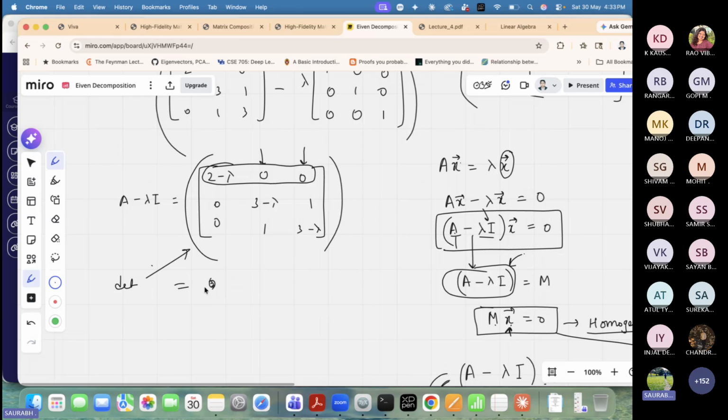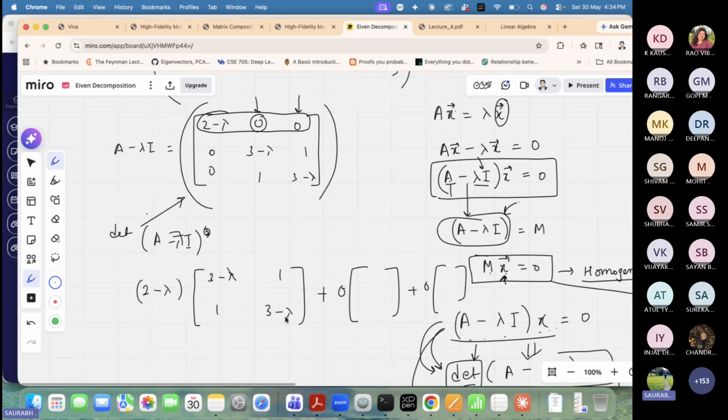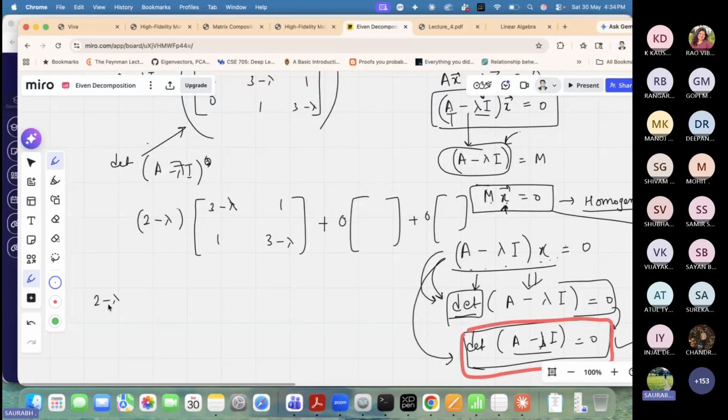So the determinant of A minus lambda I is the first element 2 minus lambda, times the minor of this matrix, 3 minus lambda, 1, 1, 3 minus lambda. The second element is 0 into its matrix, which doesn't matter because the element is 0. The third element is also 0, so that term is 0. So it is 2 minus lambda into the determinant of this matrix. This is what you will have to find out.